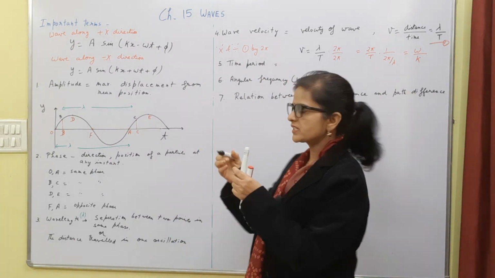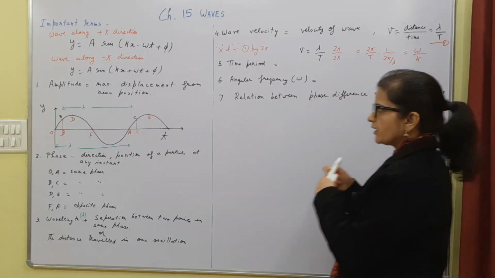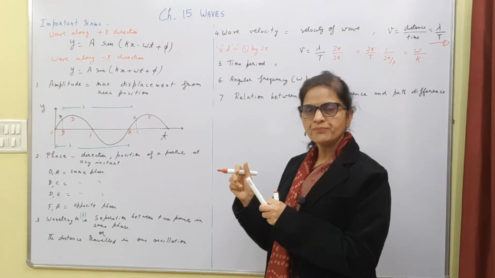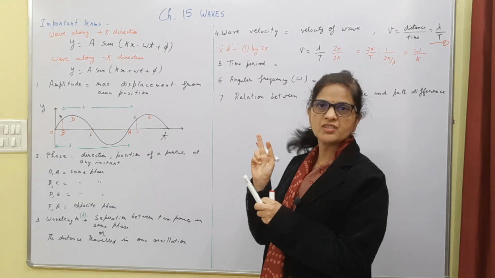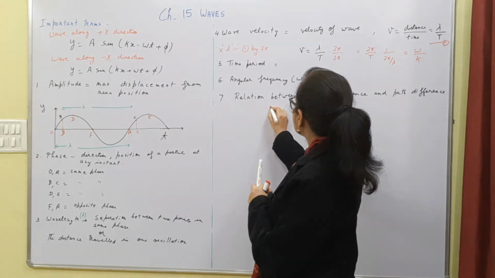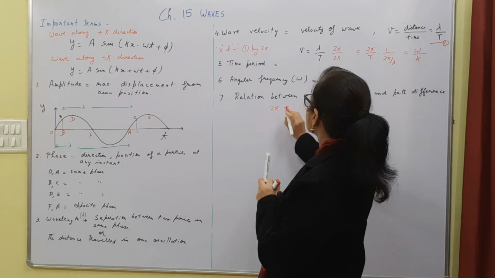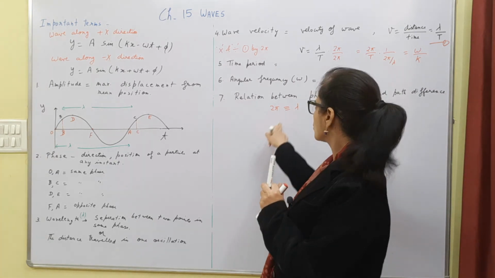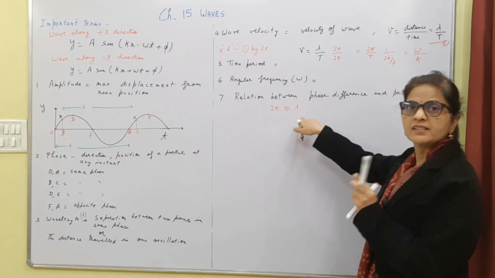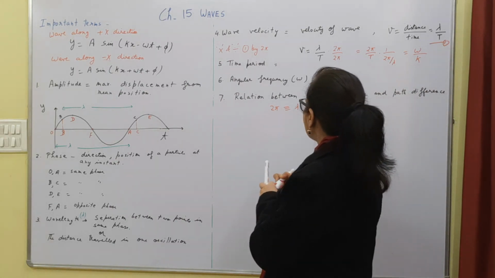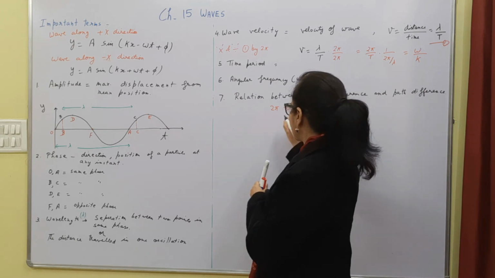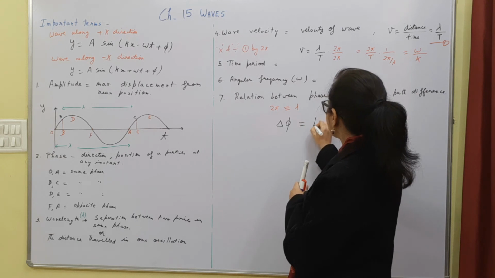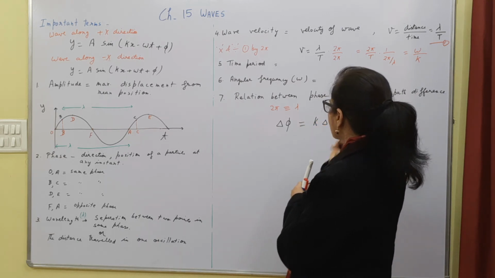So the path difference will be given in terms of lambda only. We know that in one oscillation how much is the angle formed? 2 pi. And how much is the distance travelled in one oscillation? That is lambda. So you can say that 2 pi is equivalent to lambda. That means in one oscillation 2 pi angle is formed and one wavelength distance is travelled. So this way we are just writing the relation directly, that phase difference is equal to k delta x. We don't have to derive it.